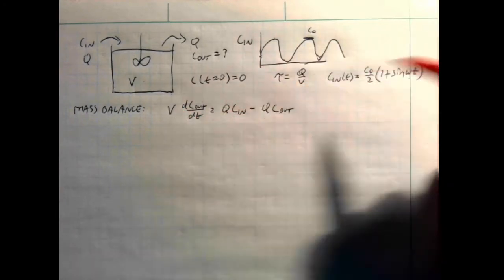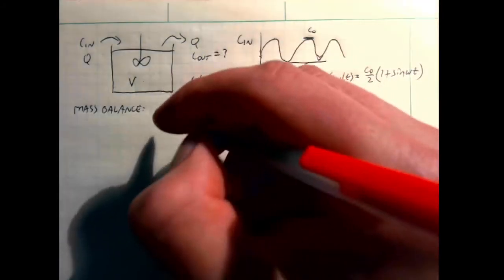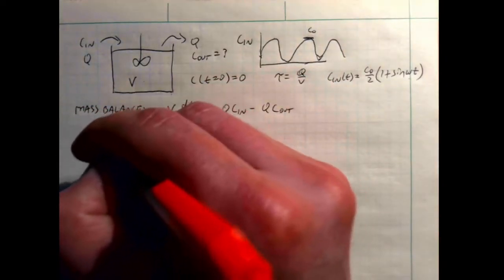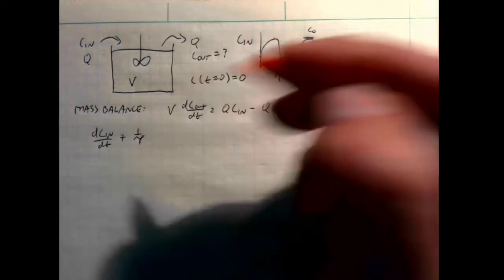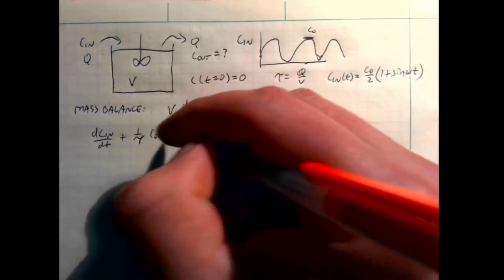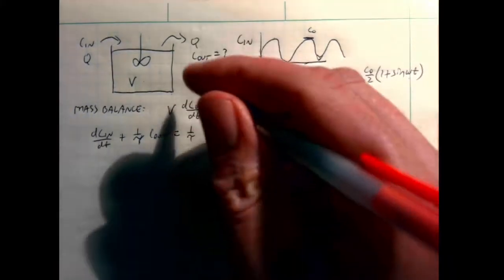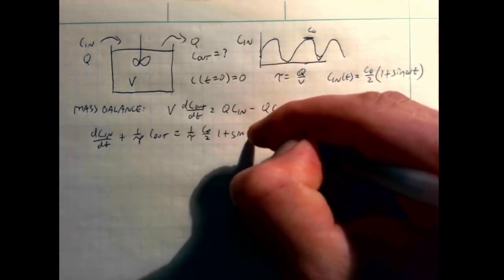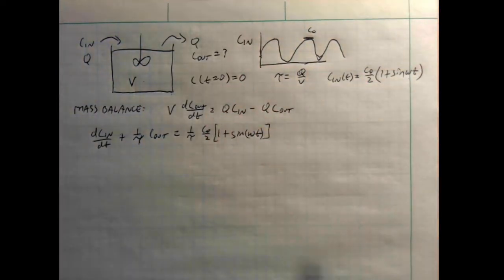And if I divide by V and I plug in my function there for Cn, I'm going to get, I'm just going to write it over here, dC out by dt plus 1 over tau, Q over V, times C out is equal to 1 over tau times C0 over 2, 1 plus sine of omega t. Okay, well, the omega t will always be inside the sine whenever I write this out.